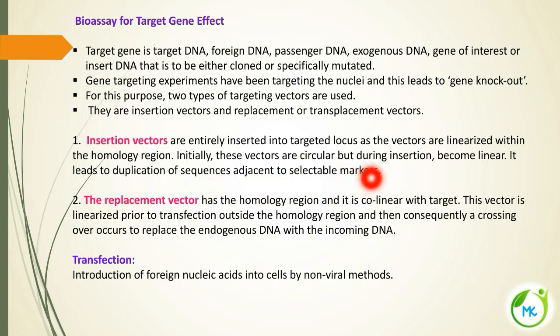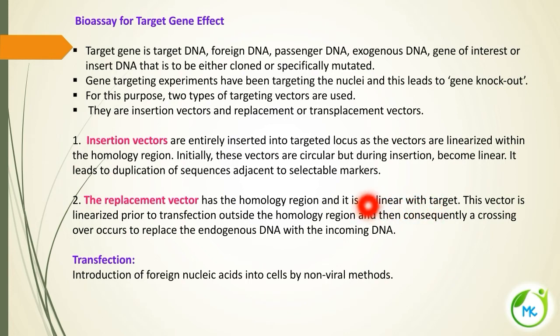So you will be having in the vector a certain selectable marker. So nearer to the selectable marker, the sequences become duplicated. The second type is called replacement vector. So the replacement vector has the homology region that is collinear with the target. So it is similar to that of the target, and this vector is linearized prior to transfection.